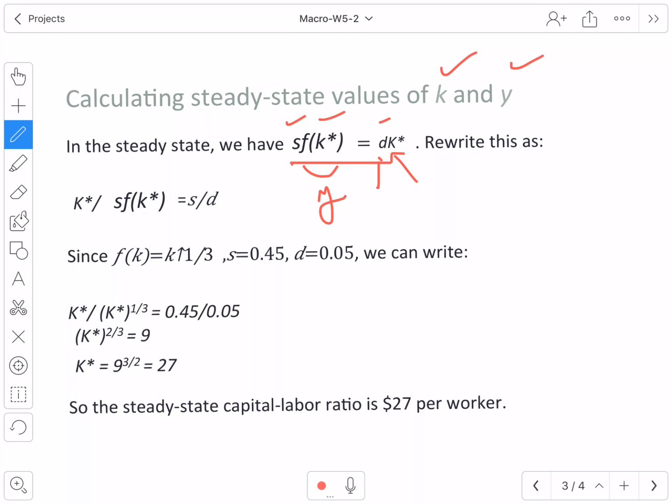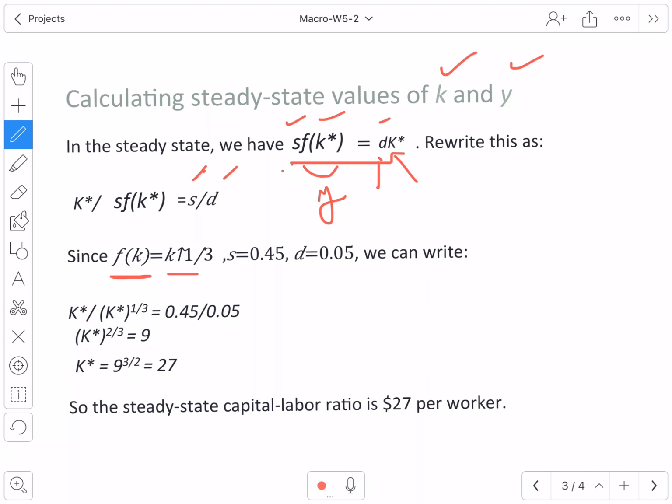You can keep rewriting this equality, which consists of 4 things. You can rewrite it such that k star over f of k is equal to saving ratio over depreciation ratio. Since we know that f of k is actually k to the power third, this arrow, don't get confused with this arrow, is just a typo.